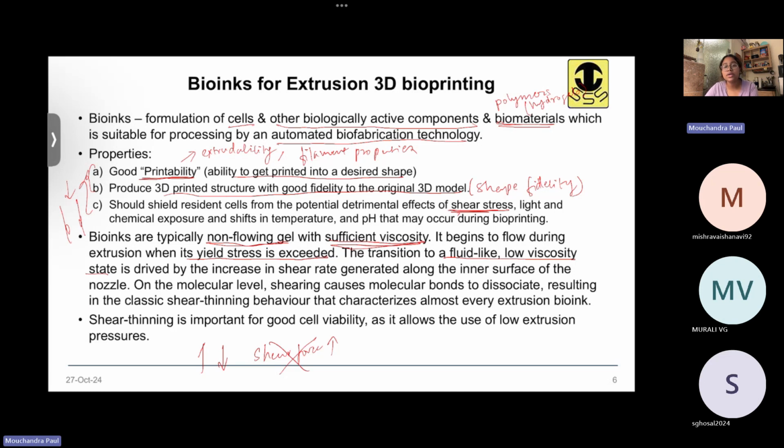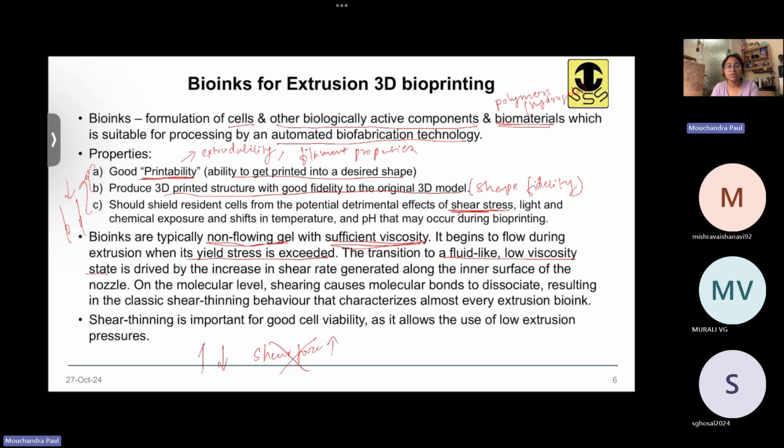At the molecular level, due to shearing, some molecular bonds get broken and dissociate from each other. Because of it, the overall viscosity decreases and it starts to flow. But as soon as you remove the shear force, the bonds form again and the viscosity increases, so it regains its shape.